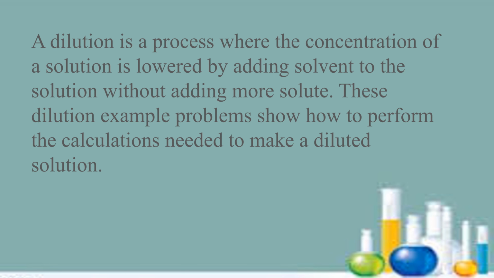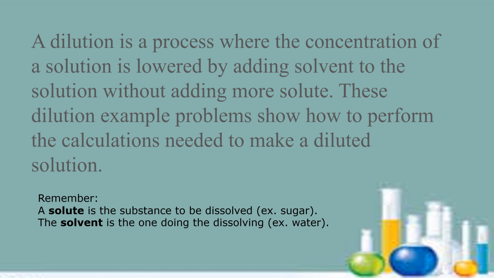A dilution process is where the concentrated solution is lowered by adding the solvent. Remember, the solvent is a larger part of the solution, for example, water, and we add this without adding more solute. Solute is a smaller part of the solution, for example, sugar.